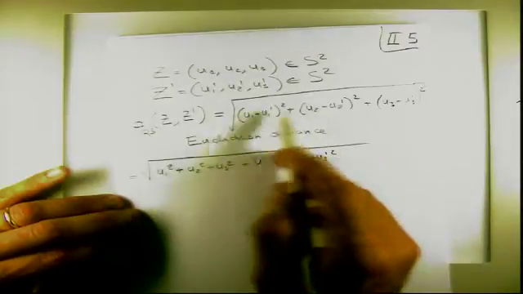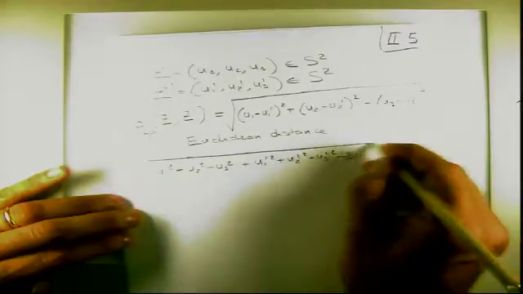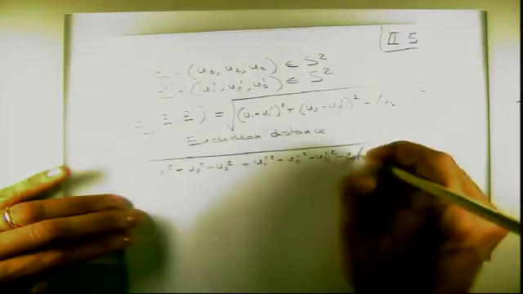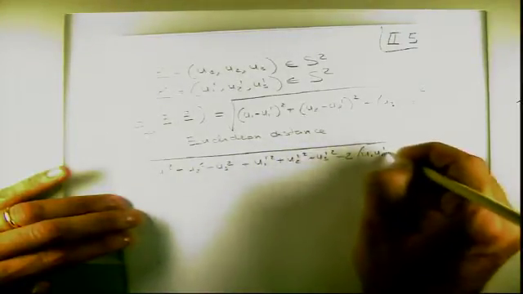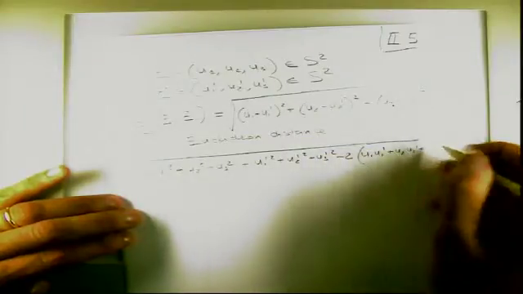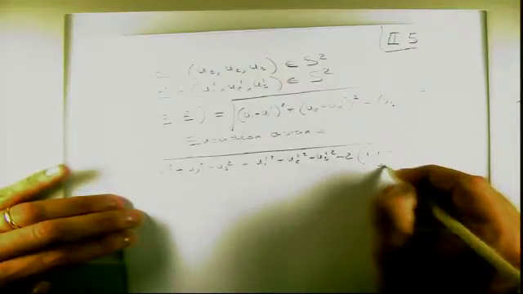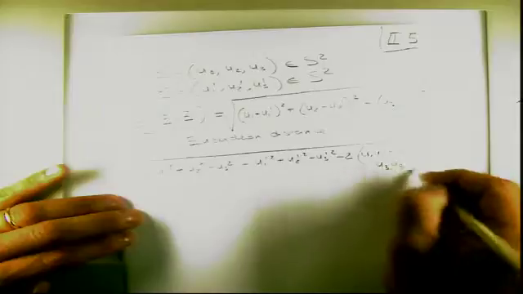And then I have the double product, so minus 2 times (u1 u1 prime plus u2 u2 prime plus u3 u3 prime).